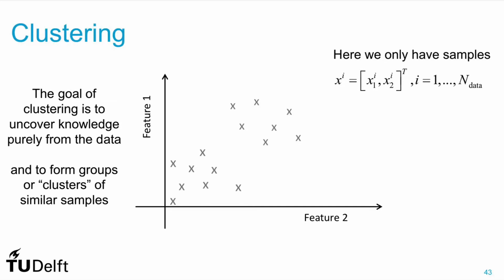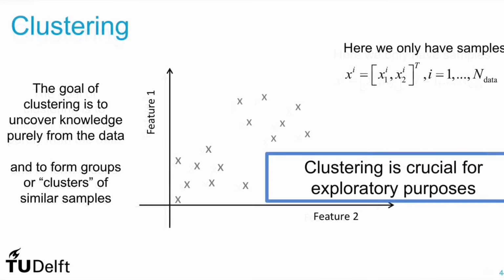So then we can analyze the data we have. Usually clustering is applied for exploratory purposes. Of course, you know where the data is coming from and what you can obtain from it, but clustering provides you some first indications of the different types of information in the data that you are collecting.